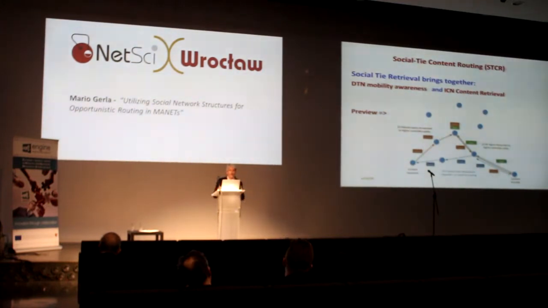Once you eventually reach the content, then the content will come back to the requester using what we call breadcrumbs. So you create a path to the destination, and then the data comes back to the source. So you see that the brute force method is much less efficient, and it creates much more overhead.